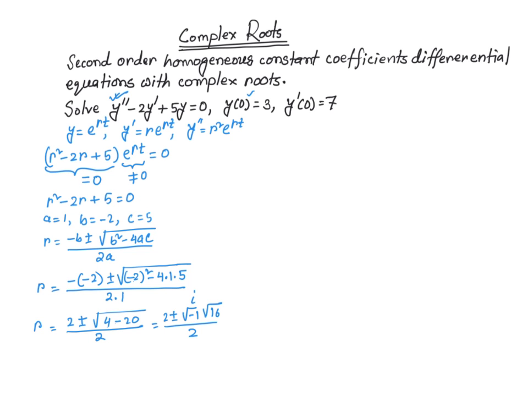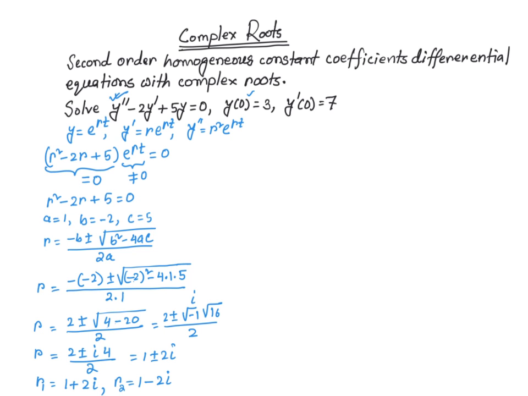And this is nothing but i, right? So my r is going to be 2 plus or minus i times 4 divided by 2. That is going to be 1 plus or minus 2i. So my r1, one solution is going to be 1 plus 2i, and my r2 is going to be the other solution, which is the complex conjugate, which is 1 minus 2i.